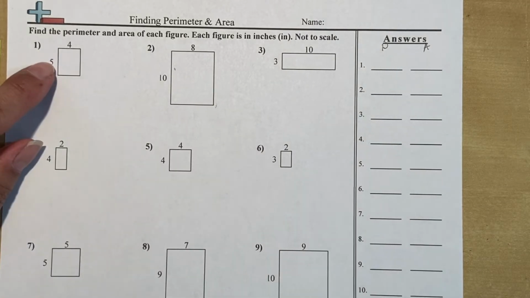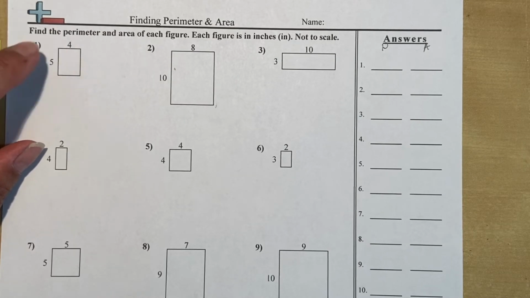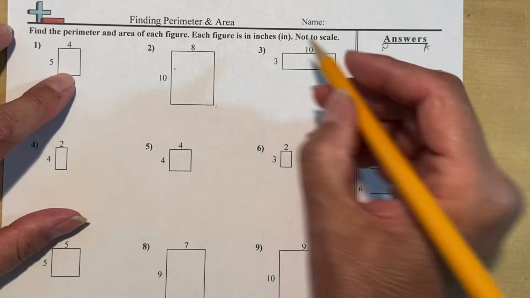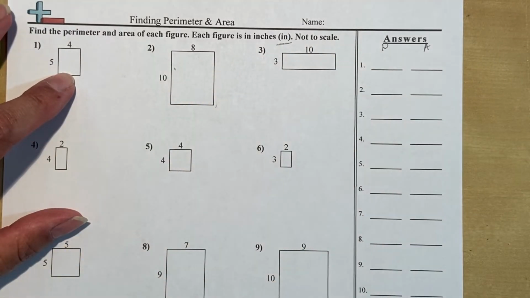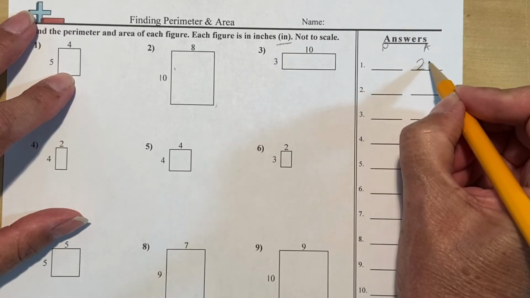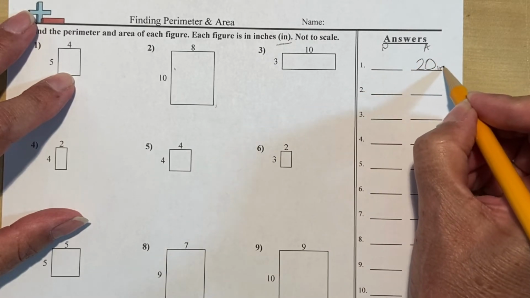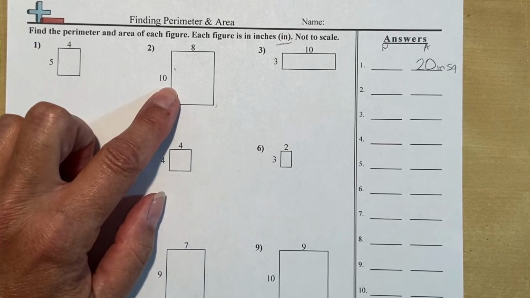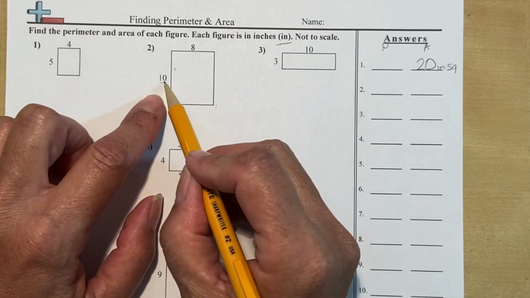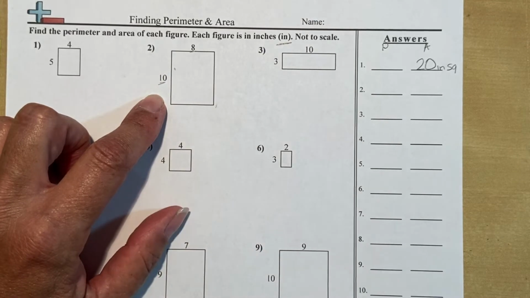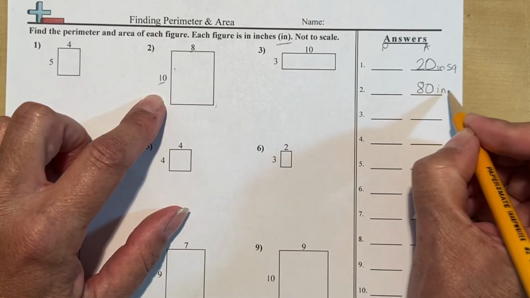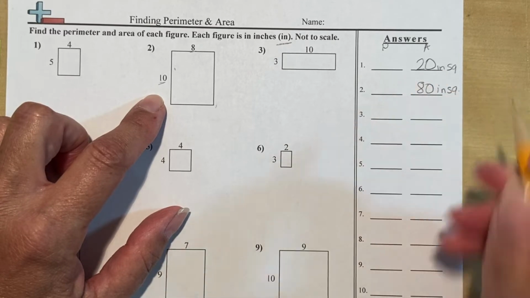So looking at the first one, I have 5 and 4. 5 times 4 is 20, and in this page they're all inches, so the area here is 20 inches squared. Question number 2, 10 times 8 is 80 inches squared.